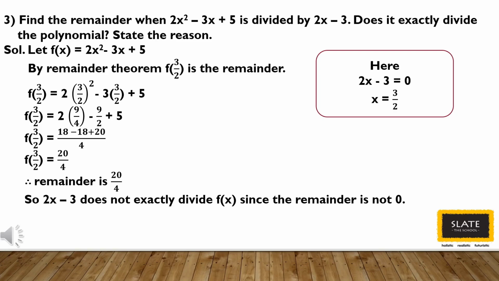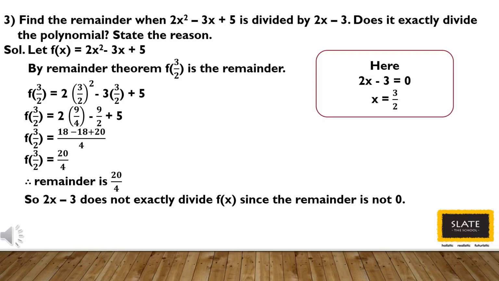So, let us find the remainder. Now, 2x minus 3 equal to 0, so x is equal to 3 by 2. In this case, by the remainder theorem, f of 3 by 2 is the remainder. So let us do the calculation. f of 3 by 2 is equal to 2 into 3 by 2 whole square minus 3 into 3 by 2 plus 5.